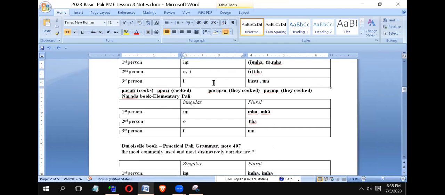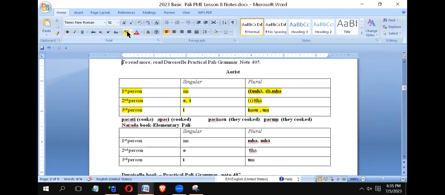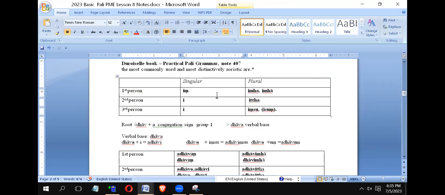Since we are following the Pāļi Made Easy, we just stick to this form. I will tell you that there are some little variants in the other grammar books. So we look at the example given in the Pāļi Made Easy.